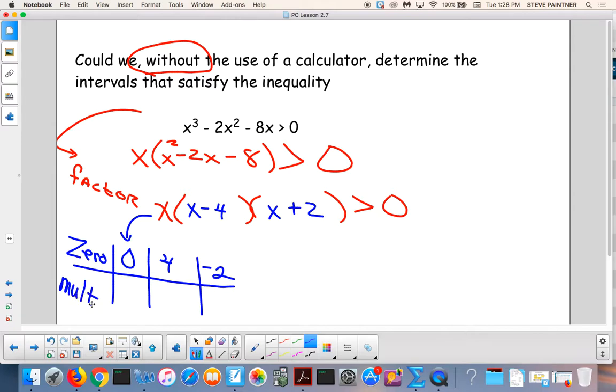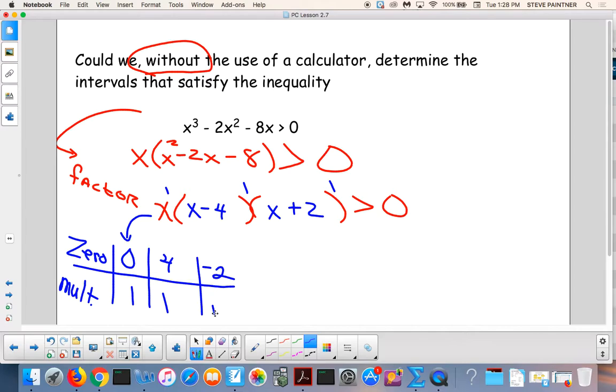Multiplicity. x to the first, x minus 4 to the first, right? 1, 1, 1, isn't it? And do you remember what 1, 1, 1 means? It goes through the x-axis, through the x-axis, through the x-axis. What if it would have been a 2? Bounce. Bounce, okay?